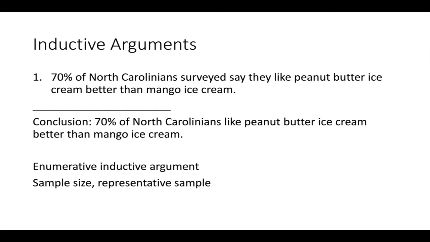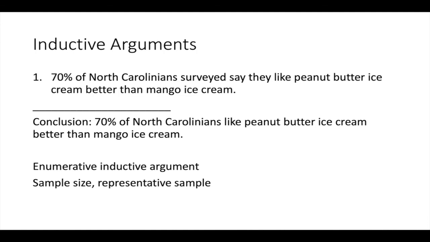Can we draw a conclusion about all of North Carolina? Well, no, because that conclusion is not likely based on the evidence we have. This sample size of 10 people does not give us a strong basis for drawing a conclusion about all the millions of people in North Carolina.